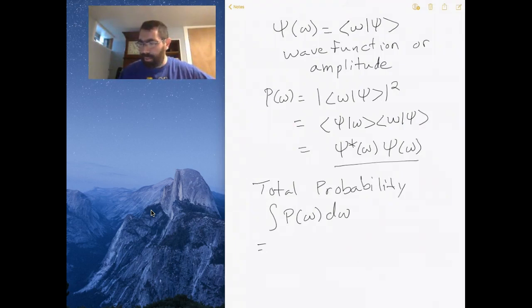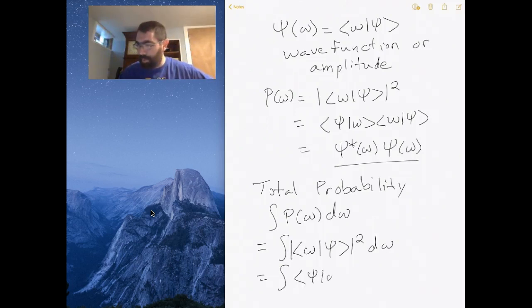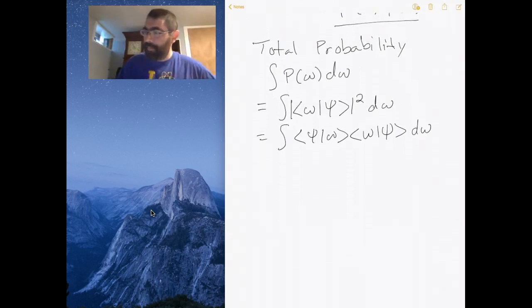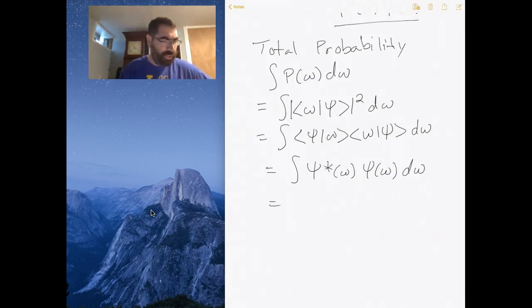So I can write this out now as the integral of omega projected onto psi squared, which is the integral of what I just wrote above, which is the integral of psi star psi, which is, in this case, 1.